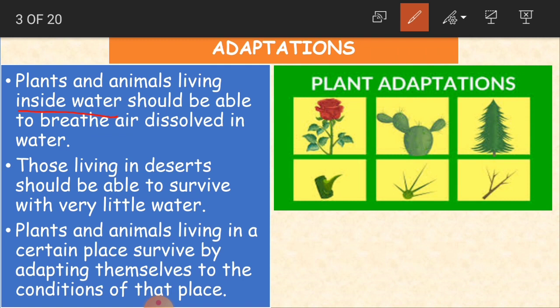Suppose a plant is growing in water, it should be able to breathe air, because air is very much necessary for a living thing to live. Unless and until we breathe air, we cannot live. Clear, children? So even a plant has to breathe air.